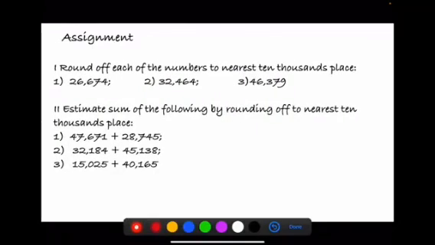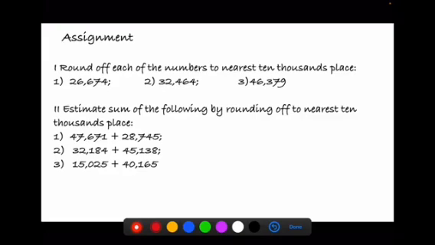Now for the assignment, you are given 4 mains, wherein the first main would have only rounding off each number to the nearest 10,000s place. Then the second main would contain estimate the sum of the following by rounding off to the nearest 10,000s place.